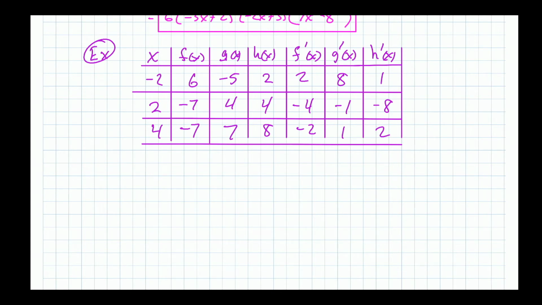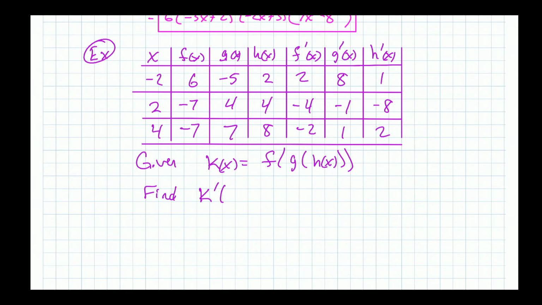Now, what they want is, given that k of x is f of g of h, so they have function in function in function, find k prime of negative 2.